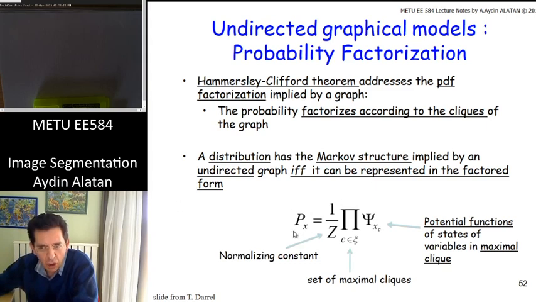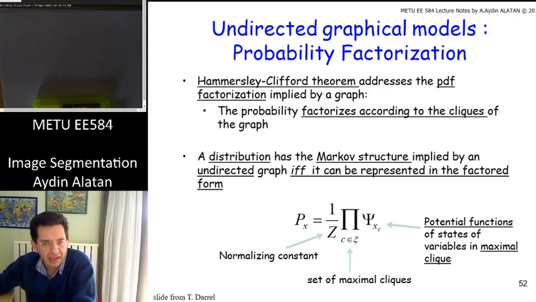This is the joint PDF. This is the PDF of all the random variables, of all the labels, everything. It says you can write it as the multiplication of the potential functions, like the compatibility functions, of the variables in the maximum clique.